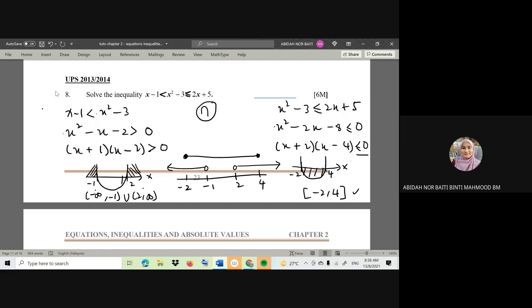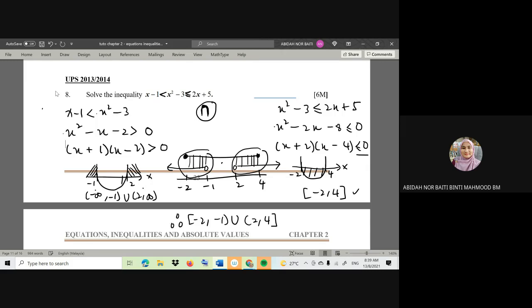So for intersection, we shade where there are two lines. Shade double lines only. Look at where there is a double line. This is a double line, so you shade it. This is one single line, so no need. So shade the double line. Therefore, your final answer: a circle from -2 to -1, round, union, and round 2 to 4 square.